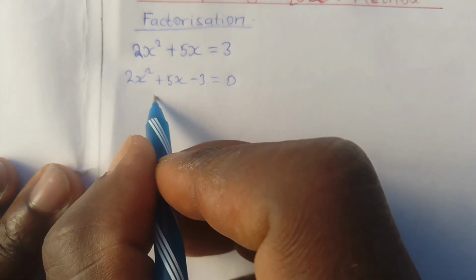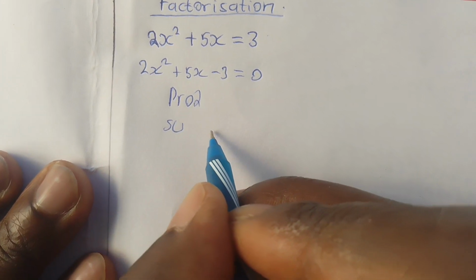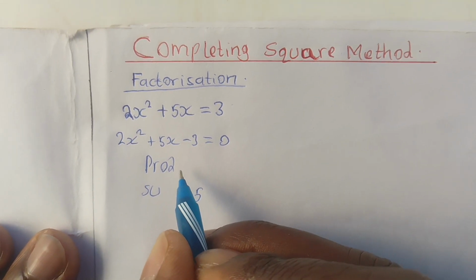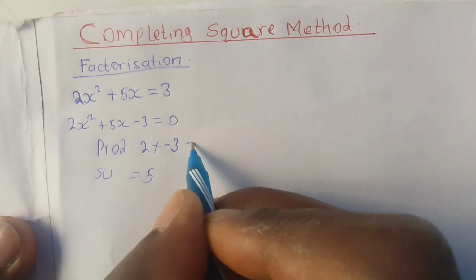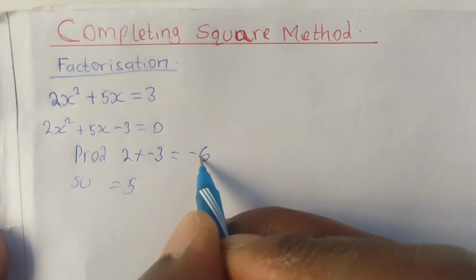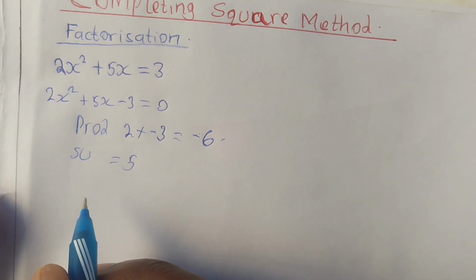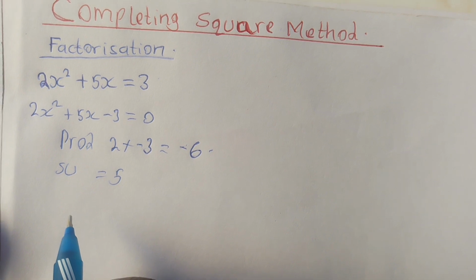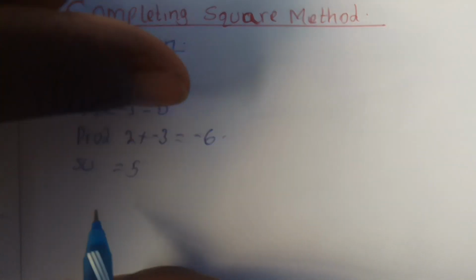We look at the product and sum. The sum is equal to 5 and the product is equal to 2 times negative 3, which is equal to negative 6. So we are just revising the factorization method which we did in the previous lesson.